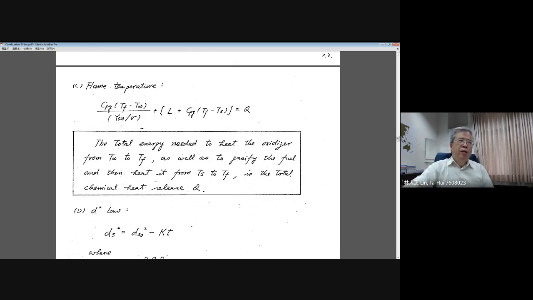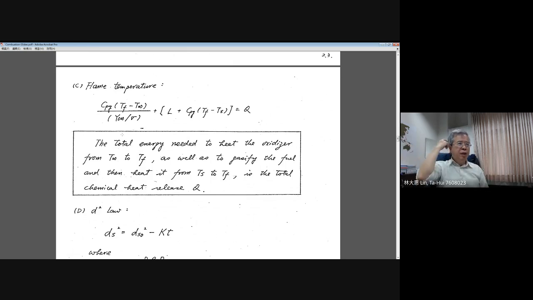And if you reverse this amount, 1 divided by YO infinity divided by sigma, it represents how much oxygen will be used for the diffusion burning, or in a sense, how much oxygen can be heated from the surrounding temperature T infinity up to Tf. So the first term represents how much heat will be diffused to the oxygen environment.